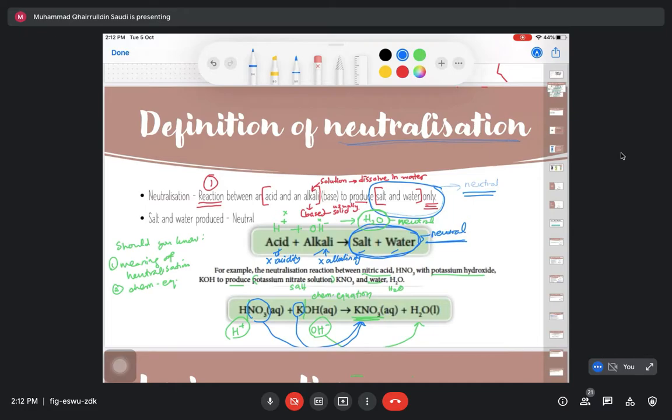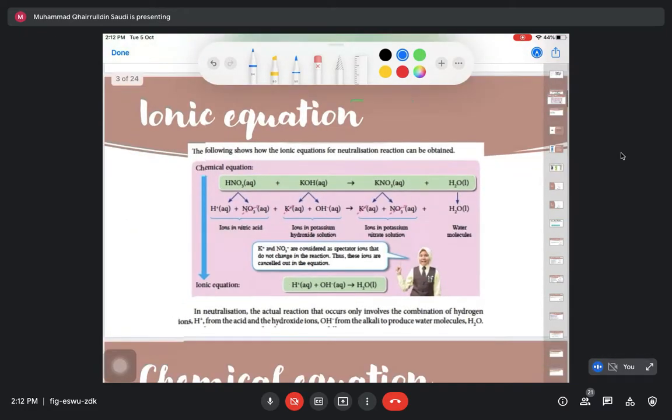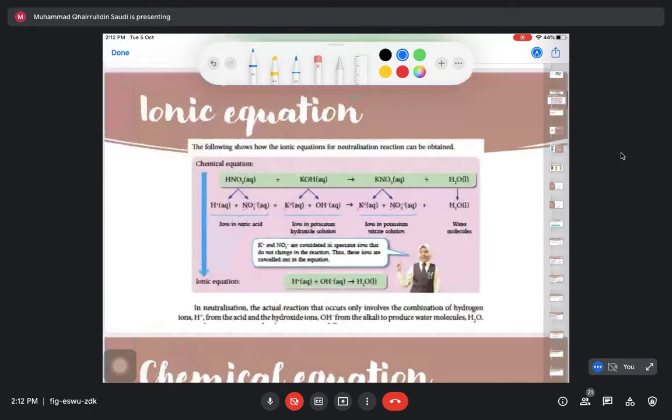Next one is the ionic equation for neutralization. The following shows how the ionic equation for a neutralization reaction can be obtained. From the chemical equation, we write down every ion that is present.